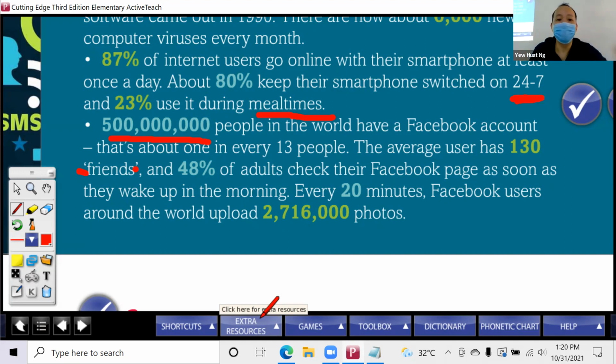Okay. 48% of adults check their Facebook as soon as they wake up in the morning. Do you do that? Yes, me too.